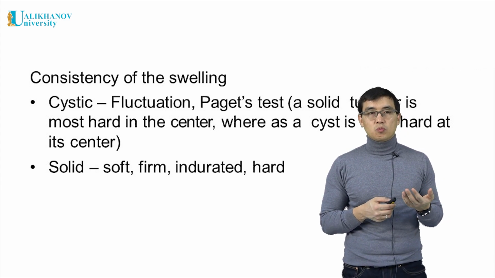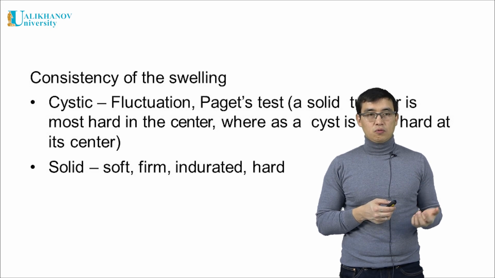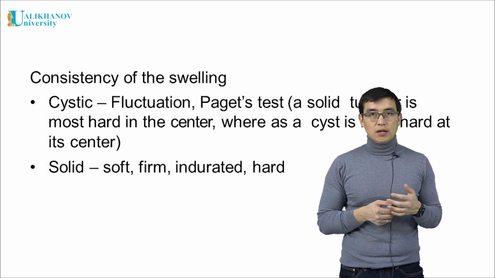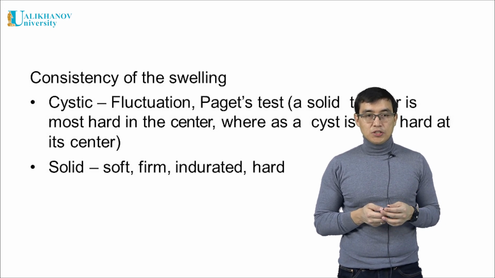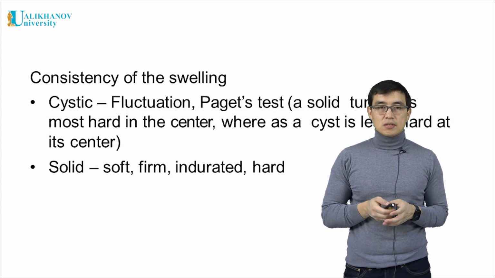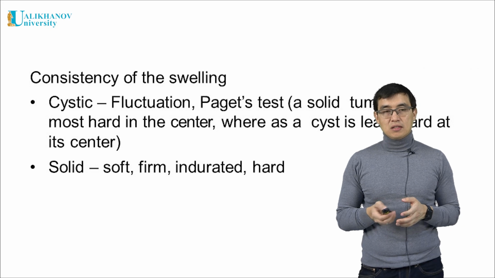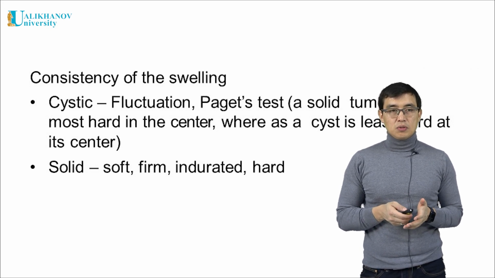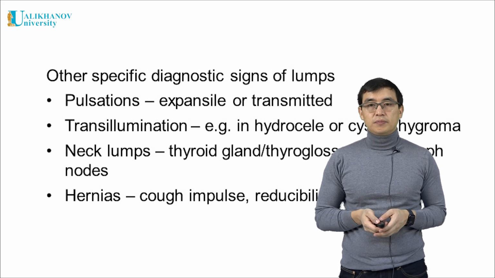Fluctuation is a term we use for pus, for example, furuncle, carbuncle, and other types of abscess. Paget test: a solid tumor is hardest in the center, whereas a cyst is least hard at its center. Solid can be soft, firm, indurated, and hard.